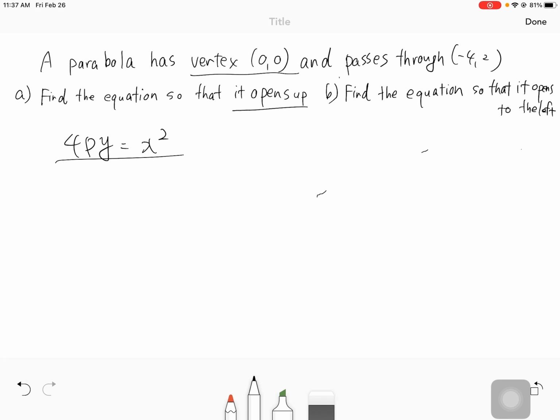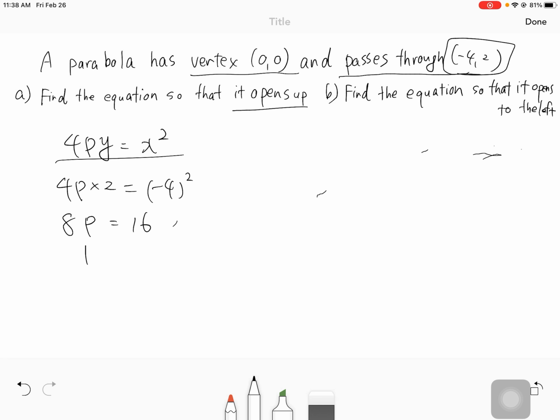And also it says it passes through -4, 2. So this means this equation passes through this point. So you can plug in this value into this equation. So let me plug in: 4p times 2 is equivalent to -4 squared. 8p is equivalent to 16.